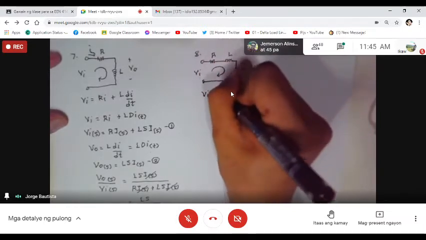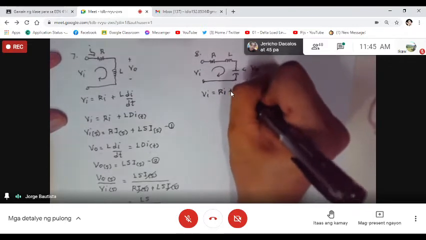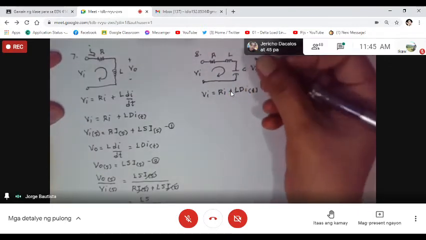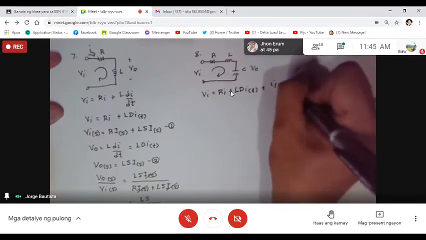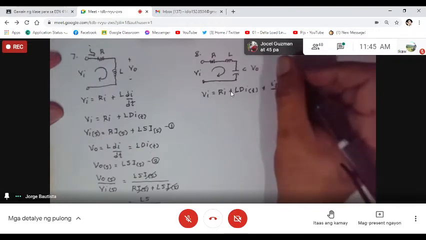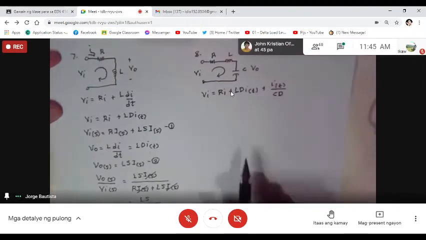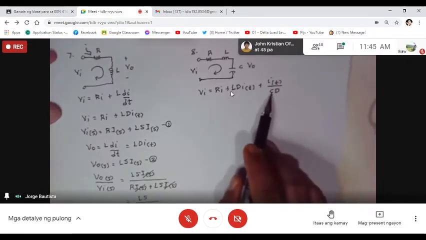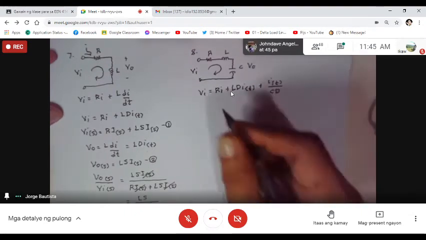Is equivalent to R I plus L dI sub t, then plus I sub t over C D. Di ba? Naalala niyo yung lesson number 1 natin, yung capacitor. So, C D. Lesson number 2 pala. Okay, so C D. Okay, take the Laplace.